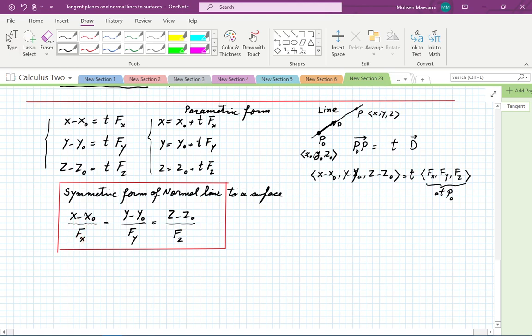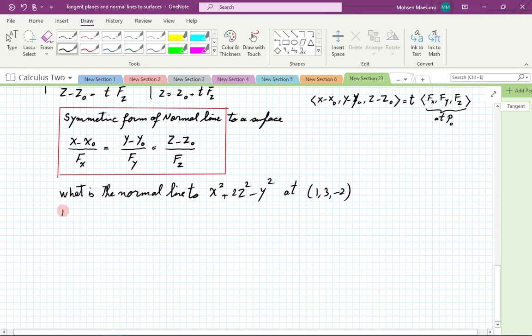So for our problem, let's go back. Let's write it. We wrote it up there, but let's do it again. What is the normal line to, what was it, x squared plus 2z squared minus y squared at 1, 3, minus 2.